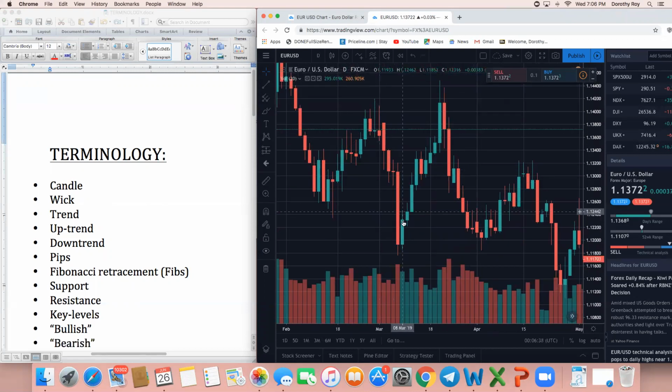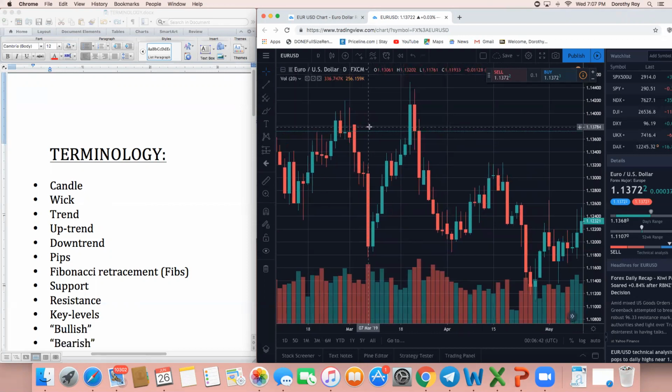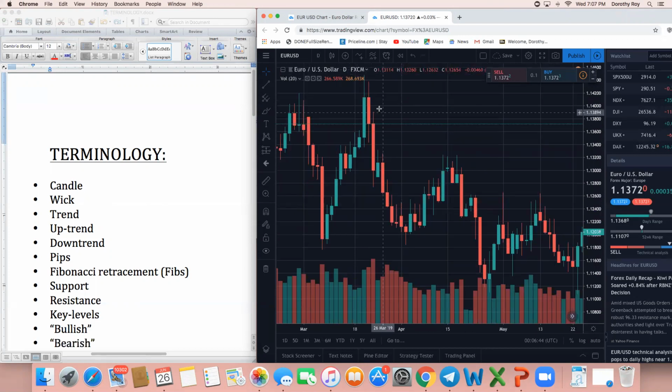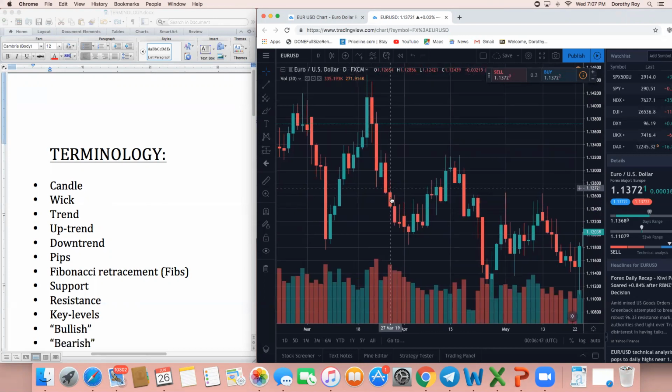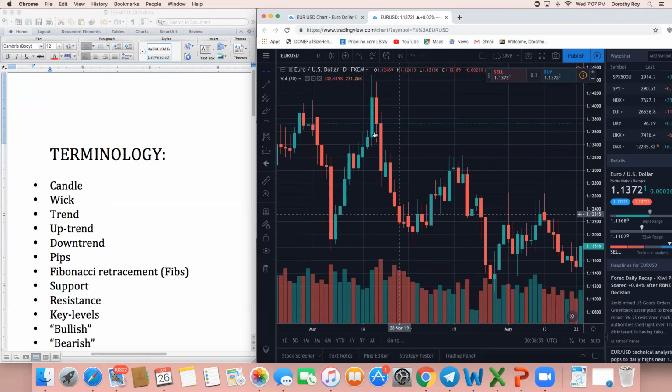The red ones symbolize the bearish movement in the market, which is shown in red and usually is shown when it's going down.